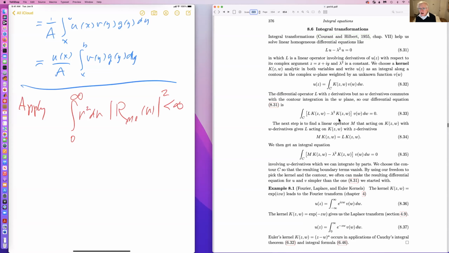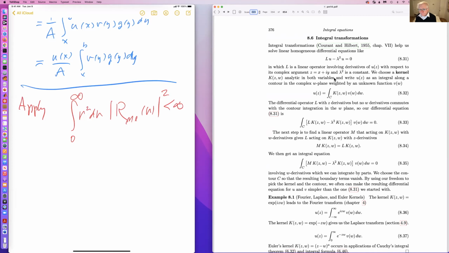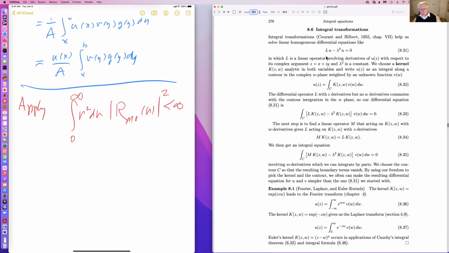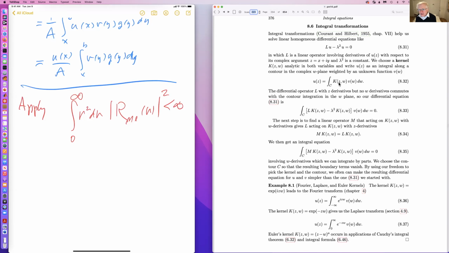So U is the integral of KV. Our equation is LU, and if L hits this, it can go inside because it's just acting on the Z's.